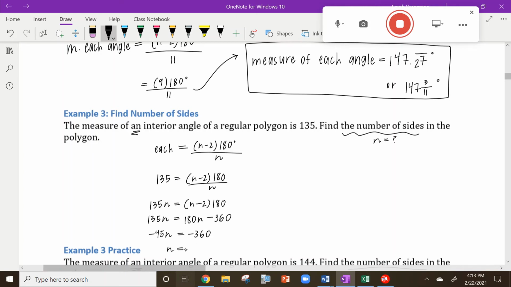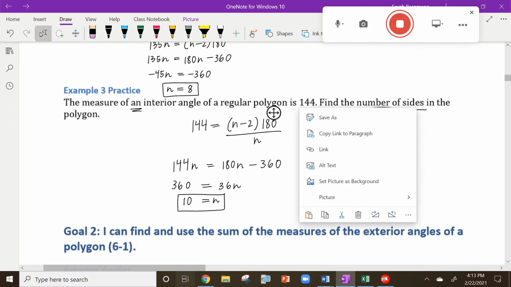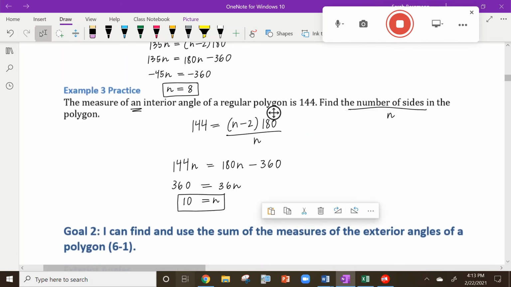Finally, divide both sides by negative 45 to get n equals 8. So there are 8 sides in this polygon, meaning that it is an octagon. There's a similar problem for you to try on your own. Here's the correct answer. This one is a decagon.